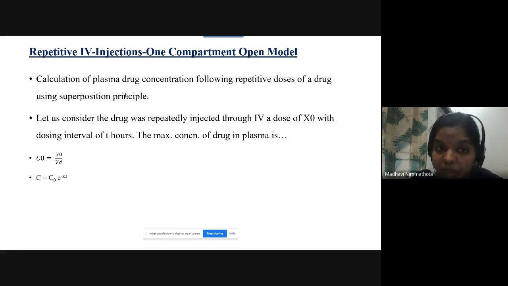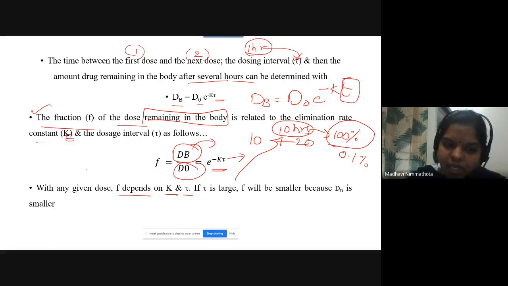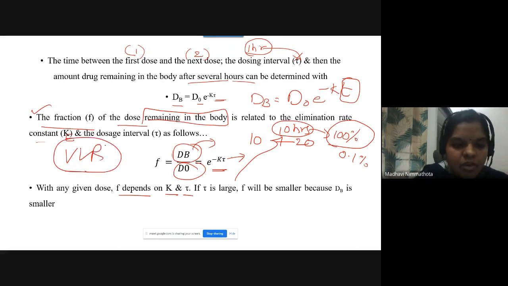So this is one method to calculate the drug following a one compartment open model with repetitive injections. This method I told you from the Venkateshwarlu VVR textbook; in this textbook it is mentioned in this pattern.